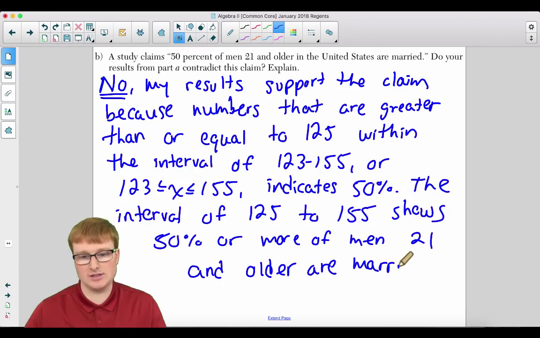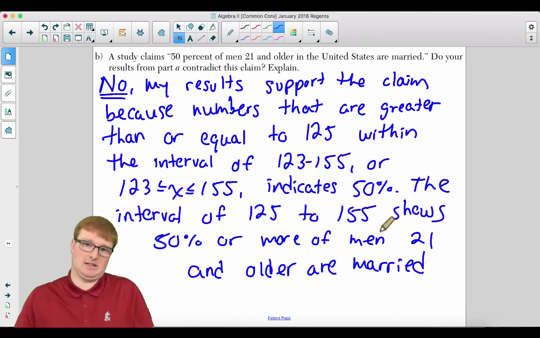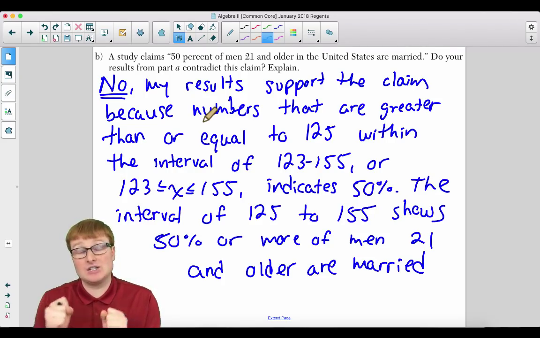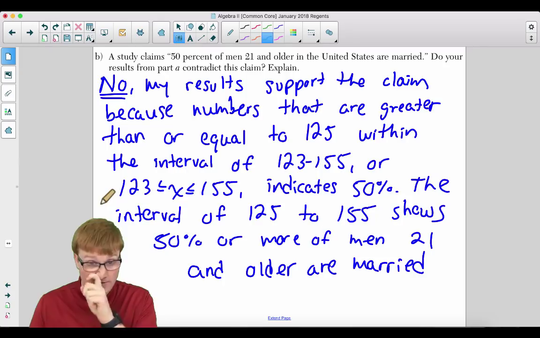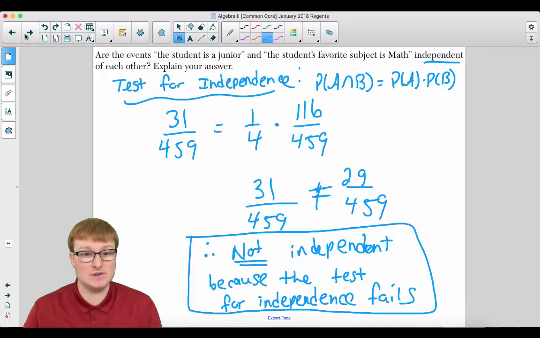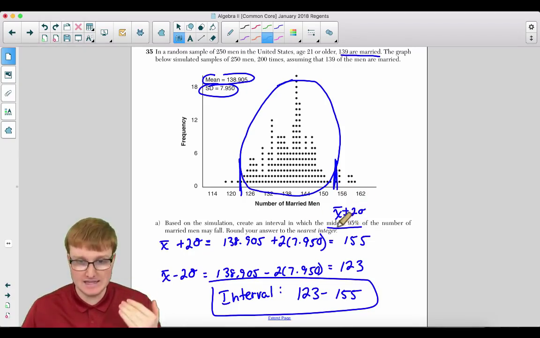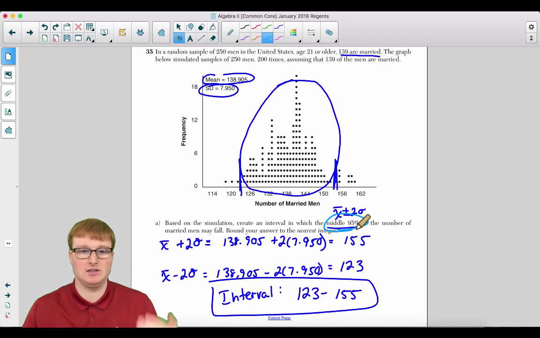Now, what in the world does that mean? I have to explain this because I can't just leave it as that and move on. What I'm saying here is that the interval from 123 to 155 indicates 50%. We know this because I just said that 123 to 155 is the middle 95%.